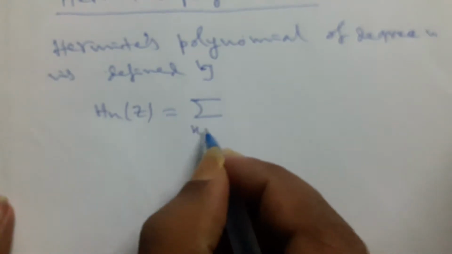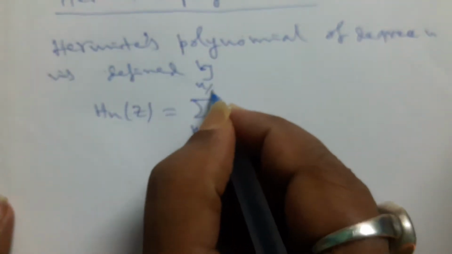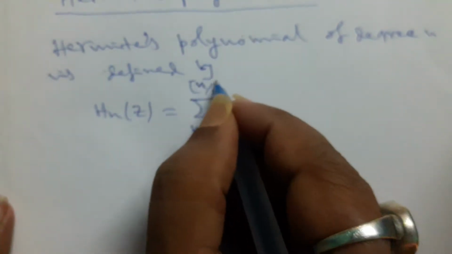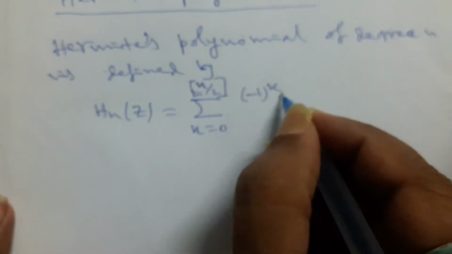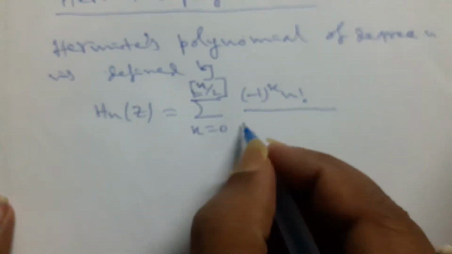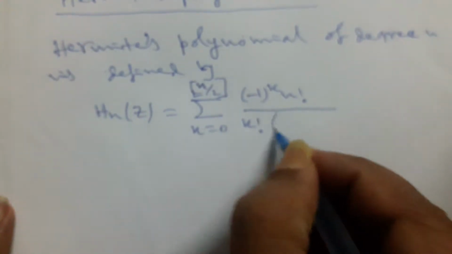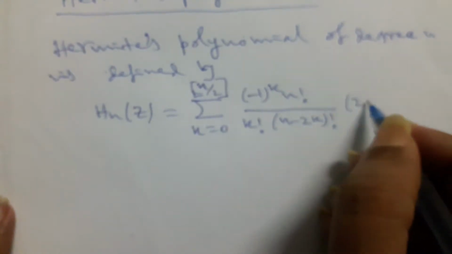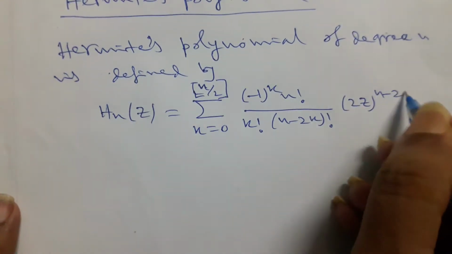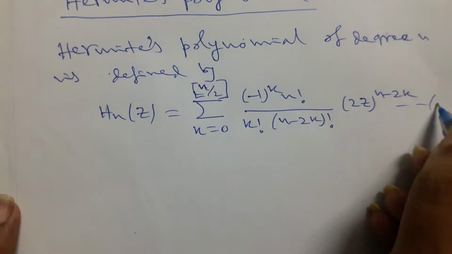the sum of k equals 0 to the box of n by 2, minus 1 whole to the power k, n factorial by k factorial, n minus 2k factorial, 2z whole to the power n minus 2k, taking it as equation number 1.